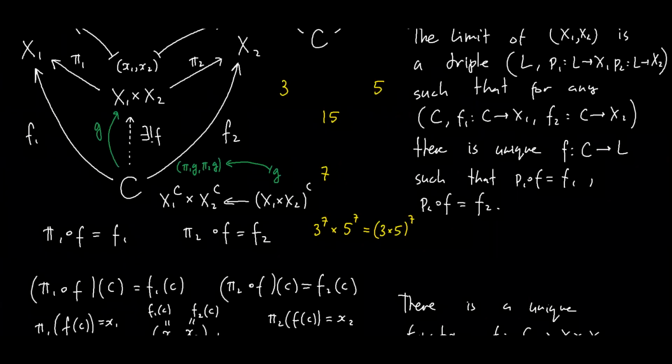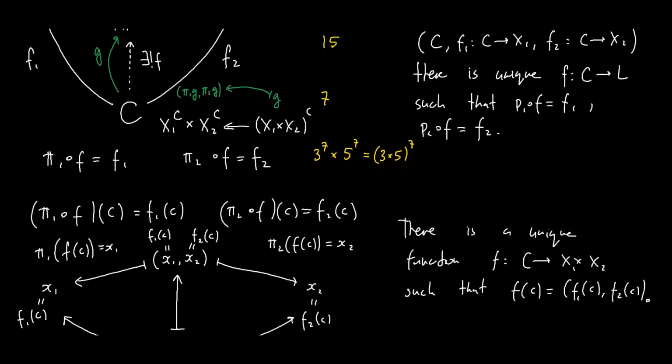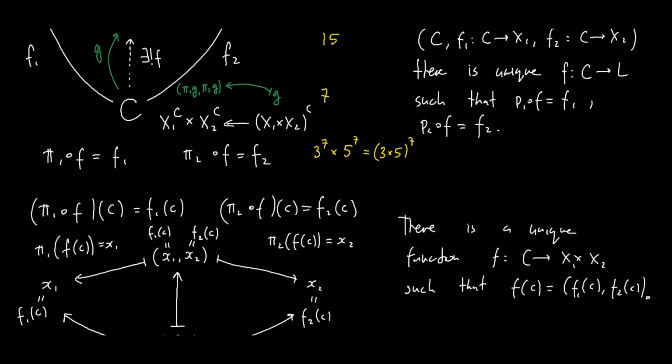So this exponentiation law is similar to, how would you say, how does it boil down to the familiar one that is seen in undergrad maths? What is the familiar one we see? The one that you wrote, 3 to the 7 times 5, to the 7 times 3 times 5 to the 7.